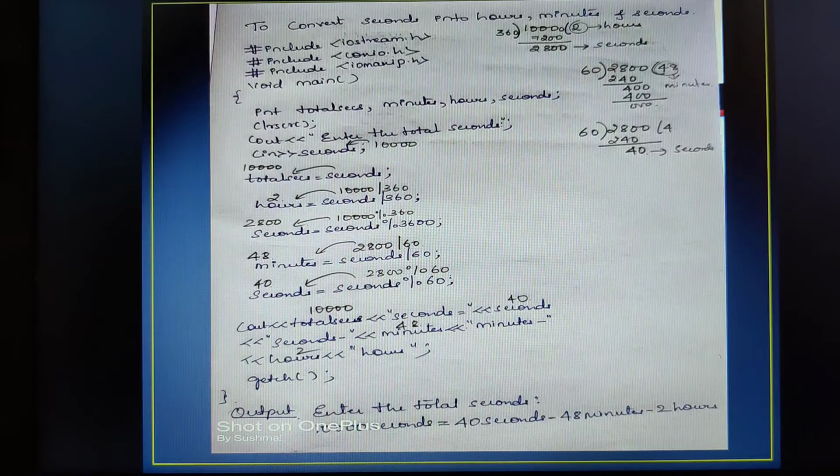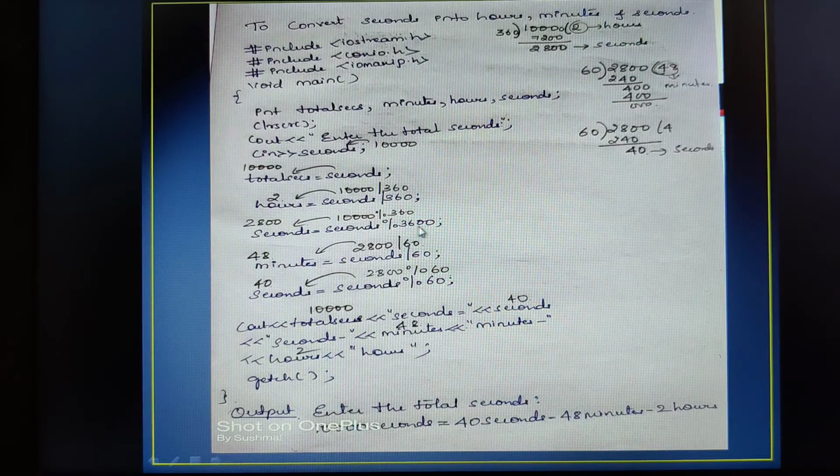Okay, how do I calculate the seconds then? Now this is also seconds and this is also seconds, as I have given the total timing in terms of seconds. In this I should see how many hours, how many minutes, and how many seconds are remaining. Therefore again 10,000 mod 3600, it is not 360.